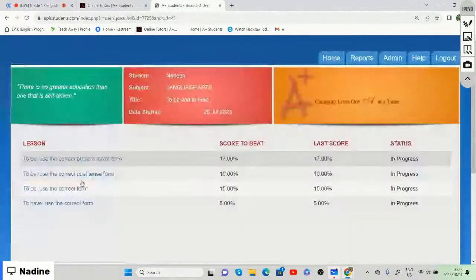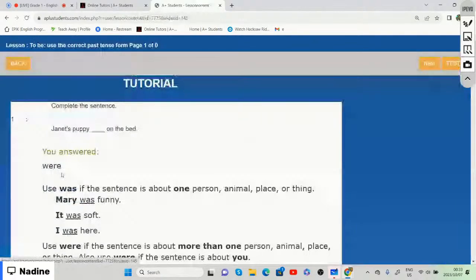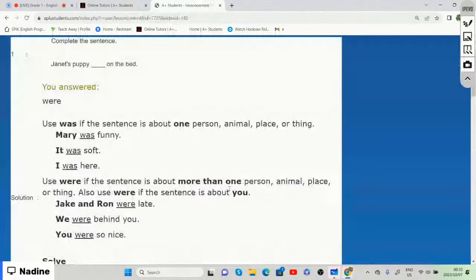All right, so that was how we use the correct present tense form to be, right? Now we're going to use the correct past tense form of to be. And we said that when we use the correct present tense form of to be, we use is to refer to one person, animal, place, or thing.